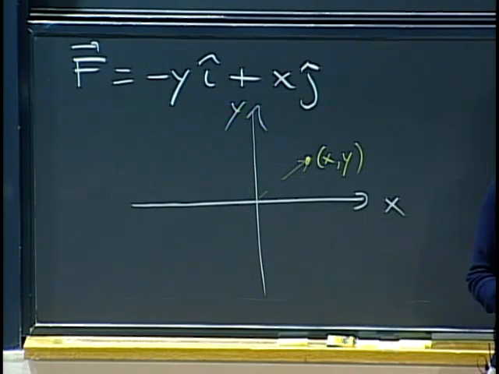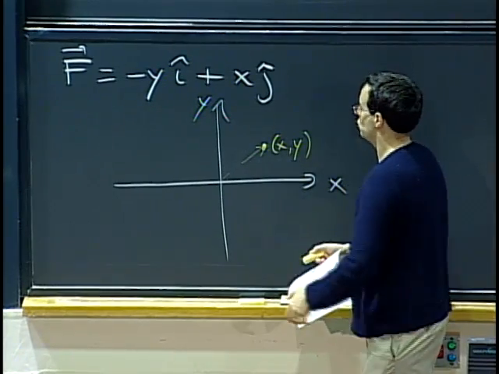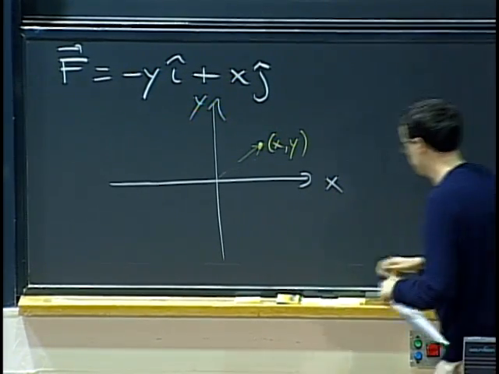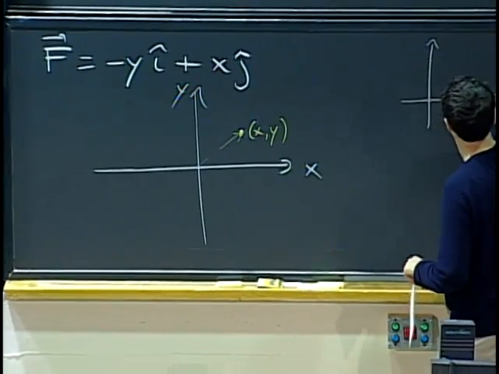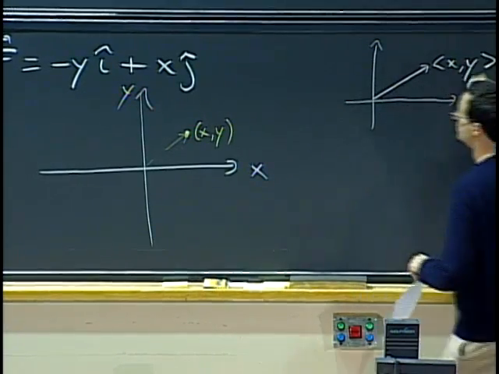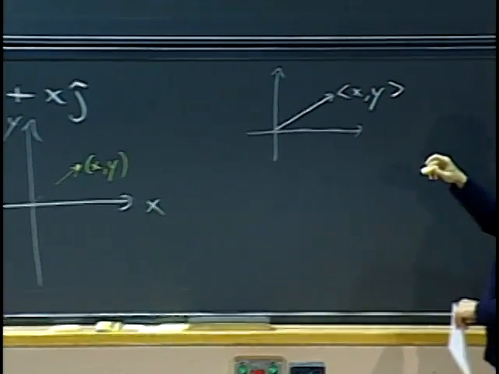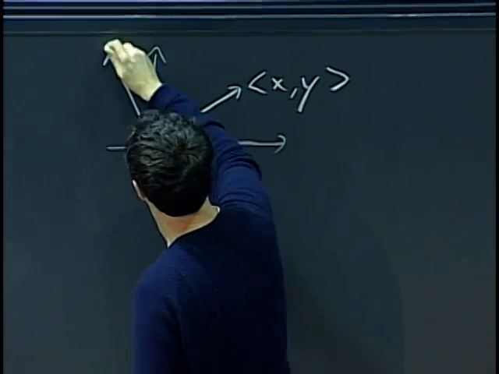What does that look like compared to the position vector? Yes, it's perpendicular to it. Let me draw a picture on the side. If I take the vector (x, y), then the vector with components negative y and x is going to be like this.